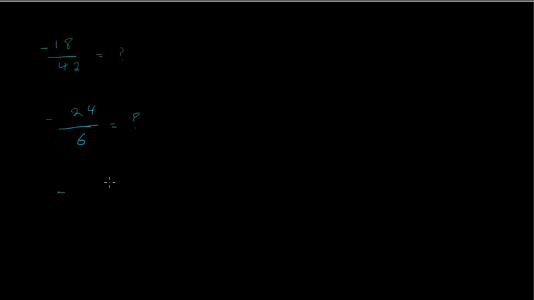We can apply the same rule to multiplication. Let's say we have minus 3 over 5 times 5 over 6. Or we have minus 4 times minus 5. Or 2 times minus 6.